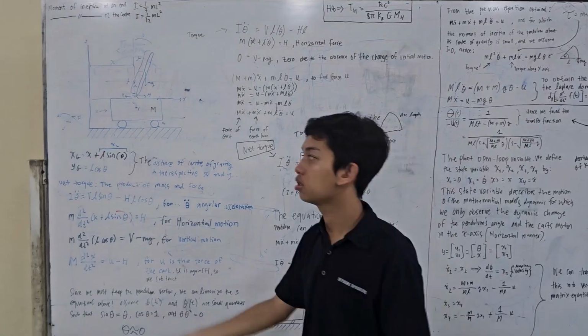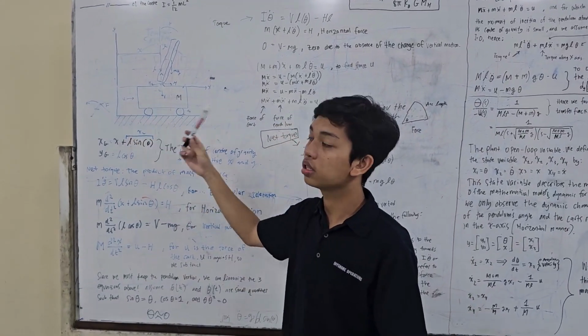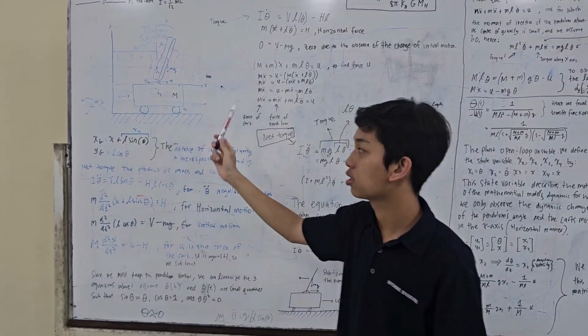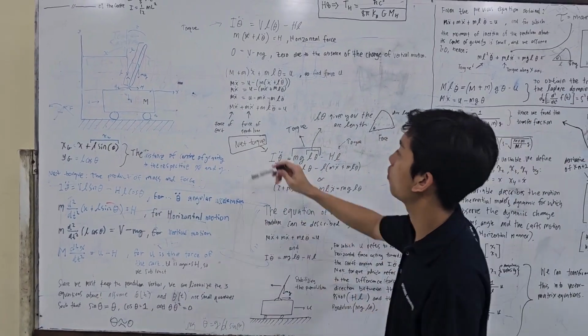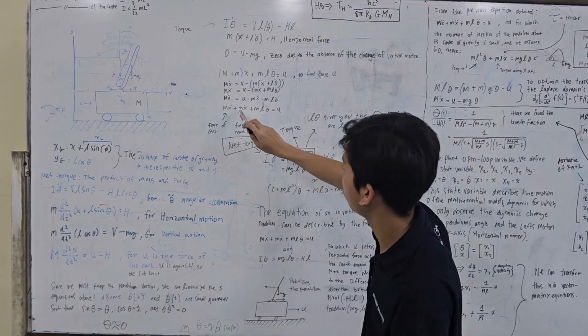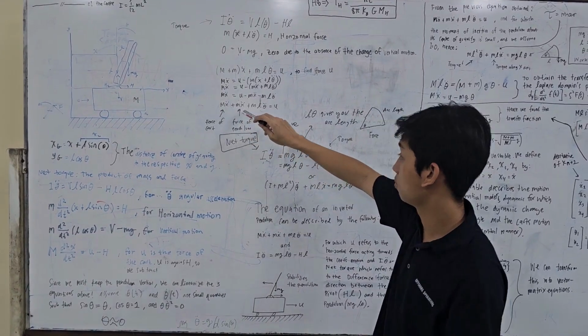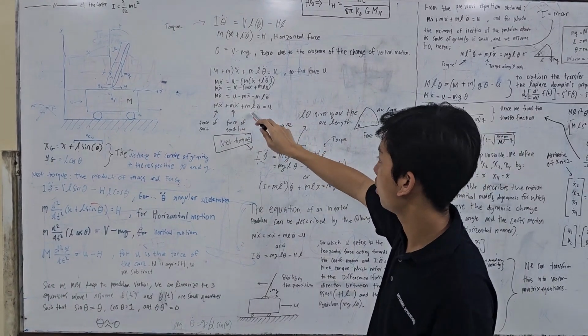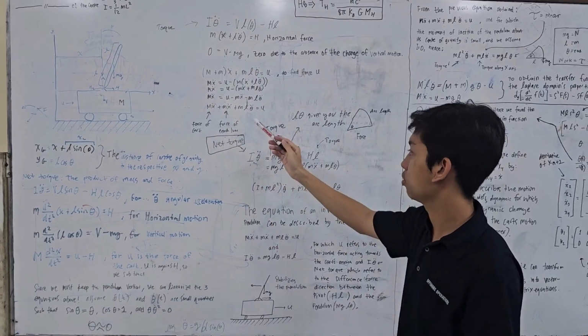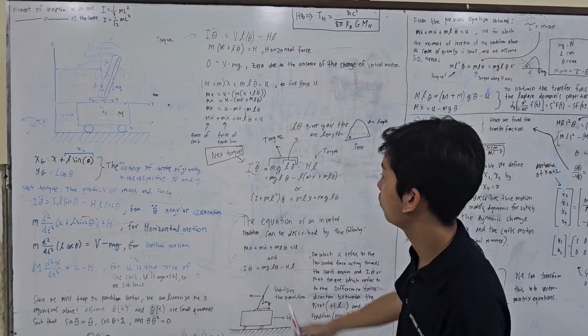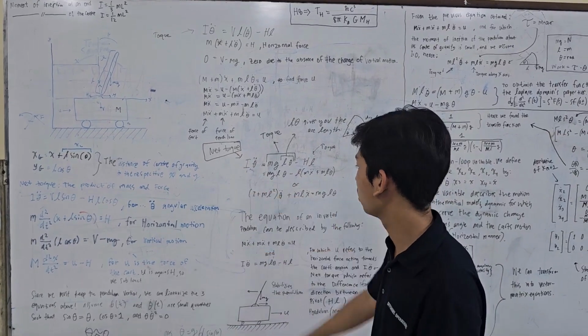So u is the force with which it moves the cart along the x-axis. So we have capital M x double dot, small m x double dot, and ml theta double dot, which equates to u. So now we have the net force and net torque.